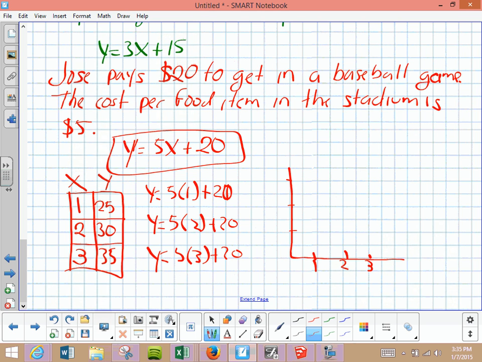You can do 10, 20, 30, 40, 50. So for 1, it's 25, right? You go to 1, and then you go all the way to 25 right here. You put a dot. For 2 is 30. You go all the way to 30 right here. And then for 3 is 35. And there you go. I want you to graph each one of them.